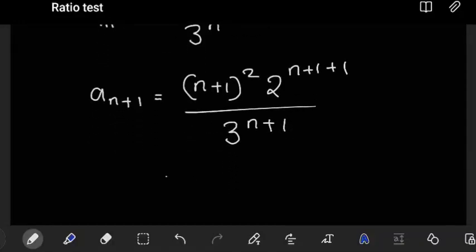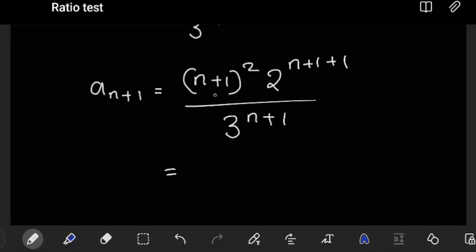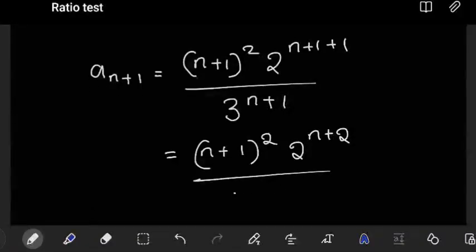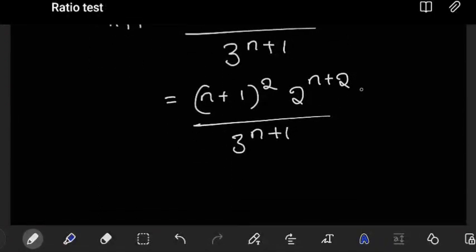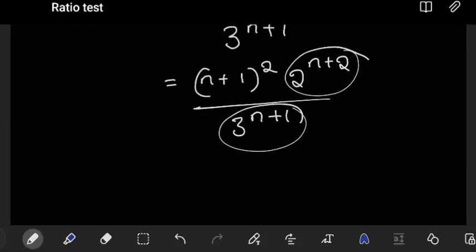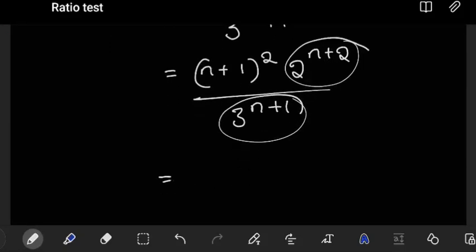So I want to reduce this a little bit. What do we get? We can leave this the way it is, or we can expand it. We'll see if we need to expand it later. So n plus 1 to the power 2, and that becomes 2 to the power n plus 2. And then this again is just 3 to the power n plus 1. We can rewrite these two terms using the trick that we used earlier on.